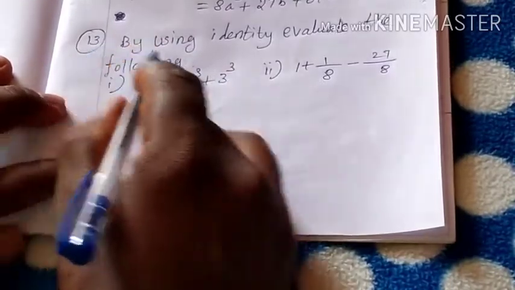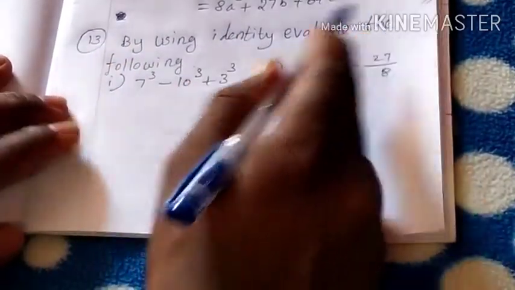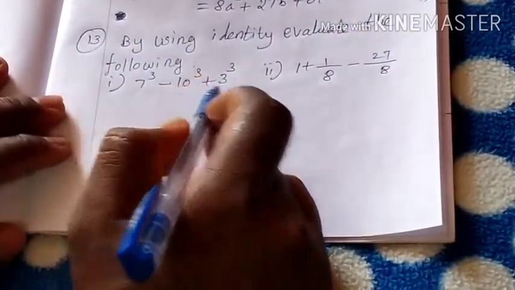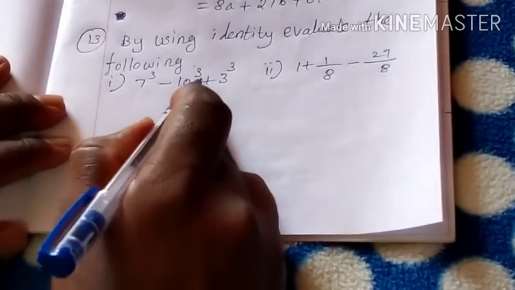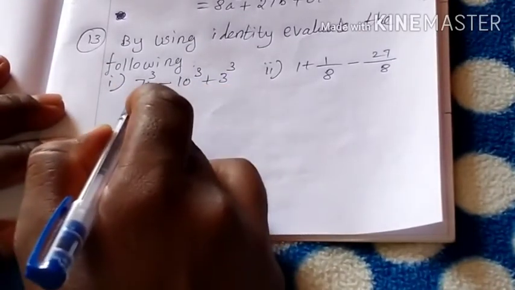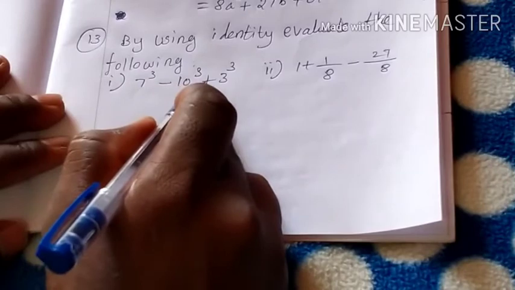Okay, next, 13th question. By using identity, evaluate the following. The first subdivision: 7 cube minus 10 cube plus 3 cube, so x cube plus y cube plus z cube.